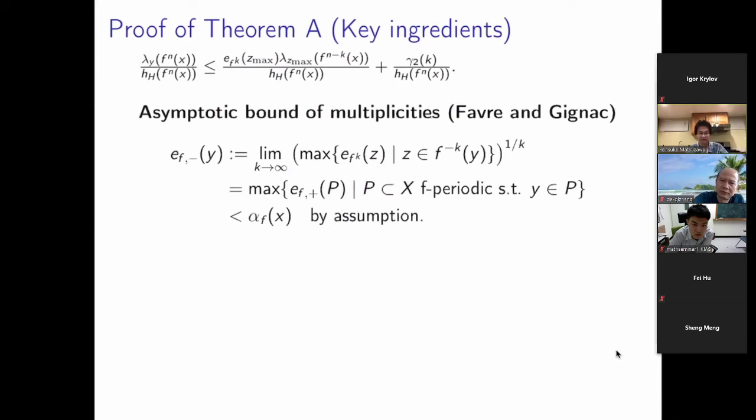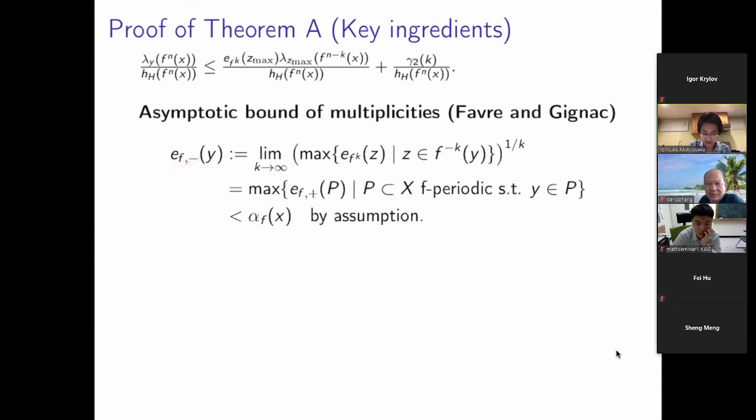Okay, the second ingredient is an asymptotic bound of multiplicities. This is a purely geometric part of this proof. This is due to Favre and Gignac, and this is somehow the so-called equidistribution on a Noetherian topological space. We have defined E_f plus, but we also define E_f minus, negative.